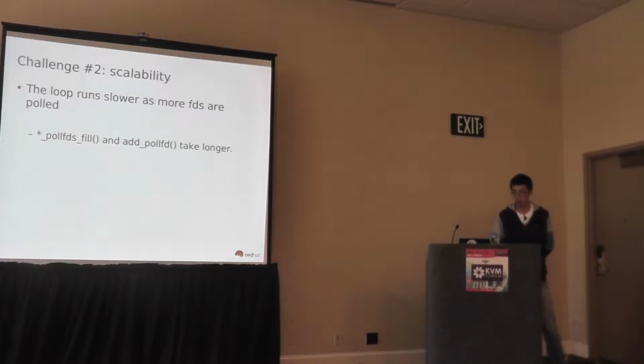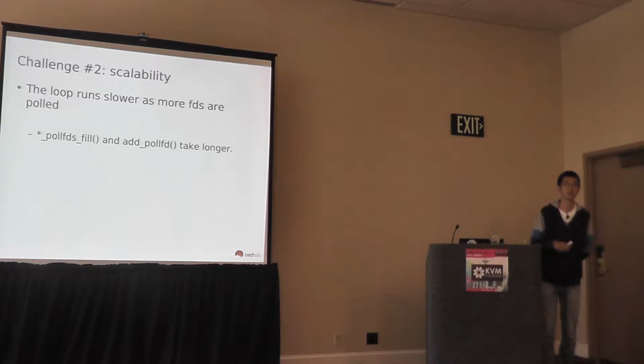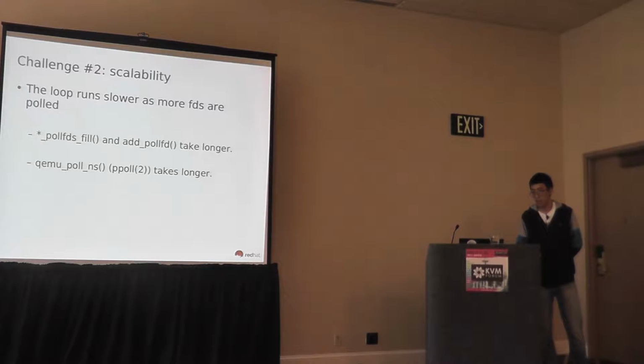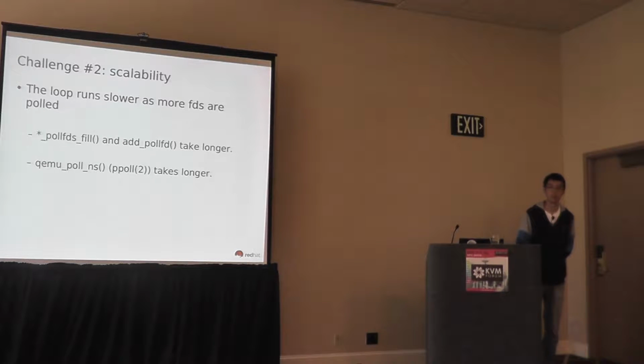One is that the poll FDs fill needs to work through that whole list of FDs to fill in the array that we would pass into the ppoll. And the qemu_poll_ns itself, which basically is a wrapper of the system call ppoll, takes longer because of the nature of the call.